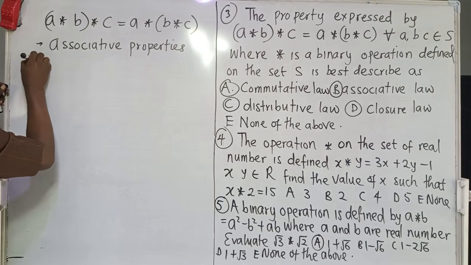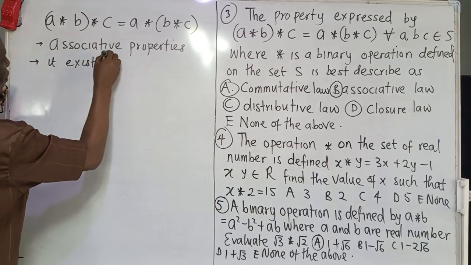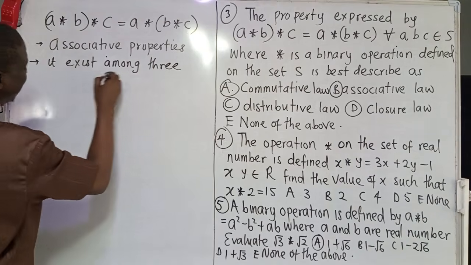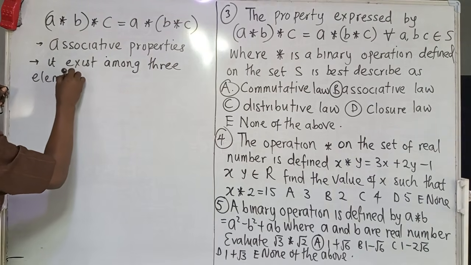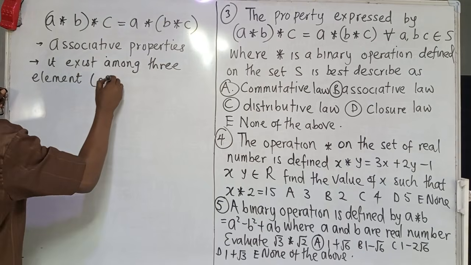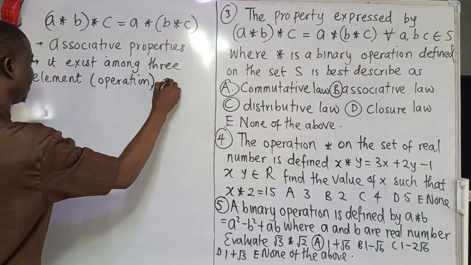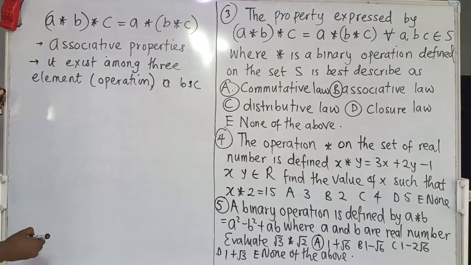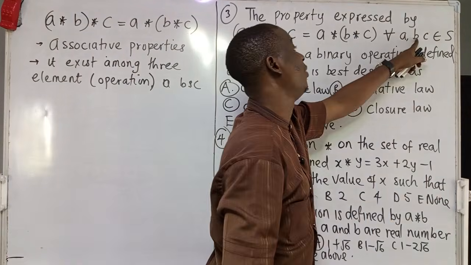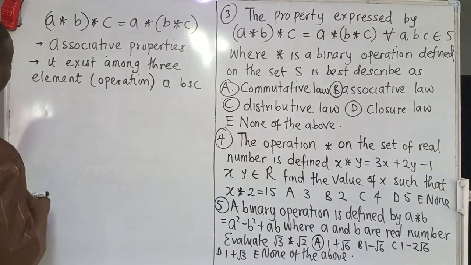Now, what is an associative property? It exists among three elements, let's say A, B, C. Number two, that means it must have three elements involved.